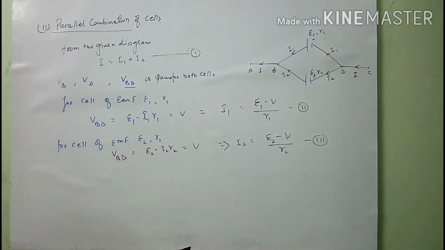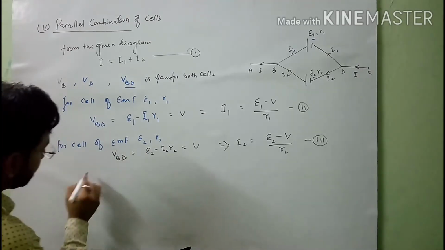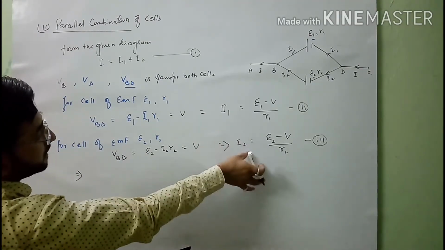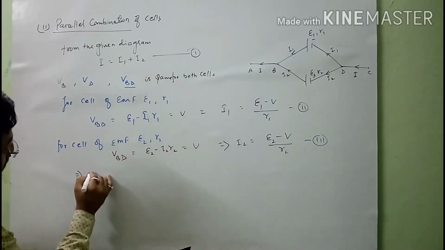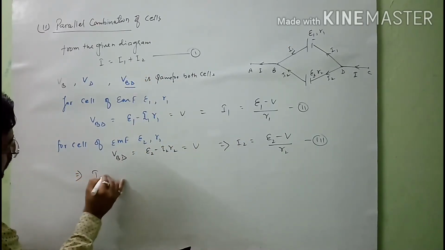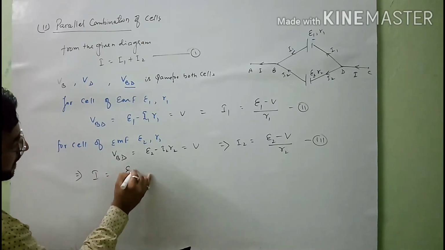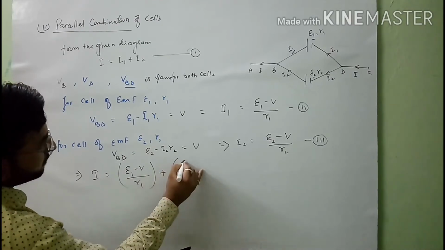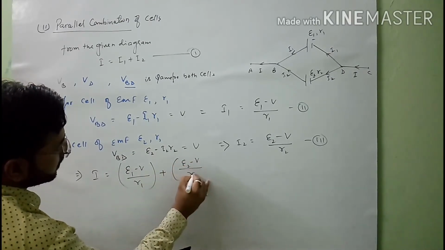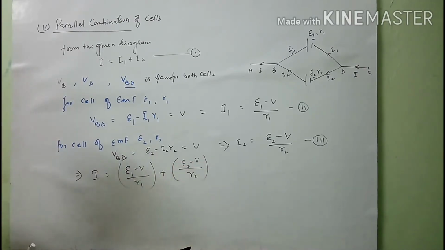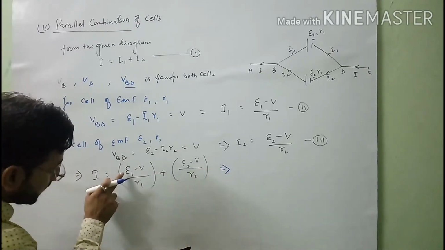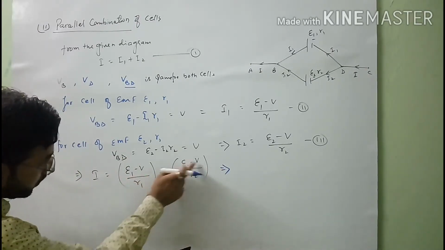Now after this, student, from these two equations I will substitute the values of I1 and I2 in the first equation. So I is equal to I1, in place of I1 I will write this, and in place of I2 I will write this. After that I will arrange epsilon values and resistance values.